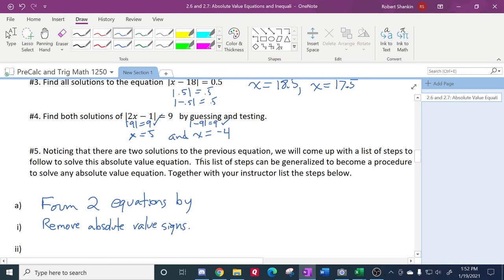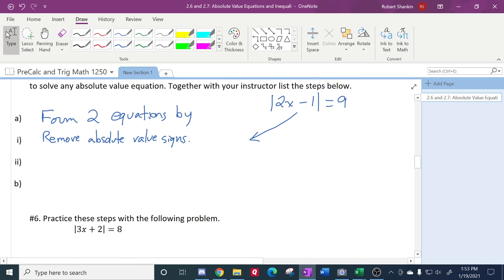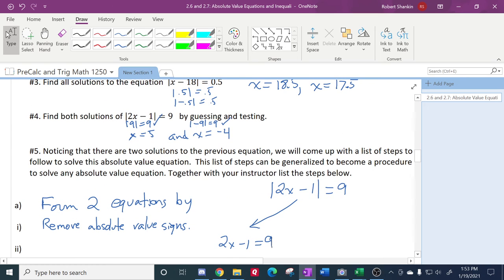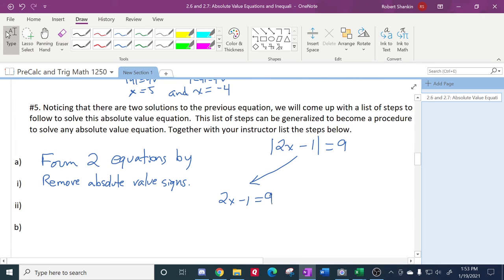So we're going to take the absolute value of 2x minus 1 equals 9. One equation is going to come from it by simply removing the absolute value signs. Now, this is going to give us the solution where the absolute value didn't actually do anything, like the absolute value of 9 doesn't knock off a negative sign or anything. And then the other possibility is number 2.